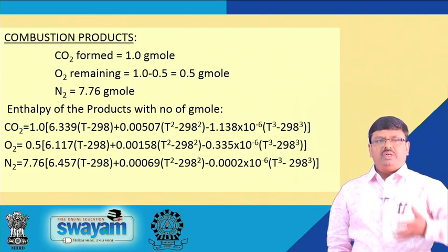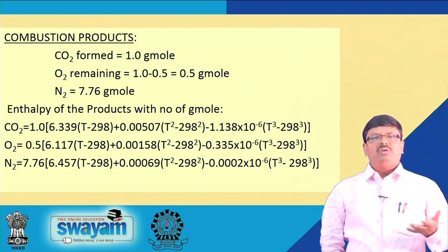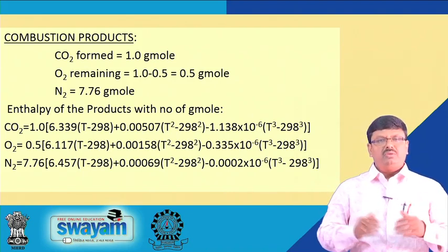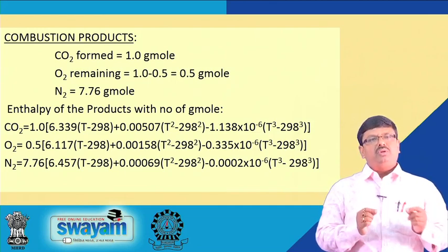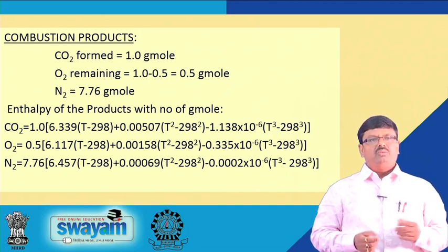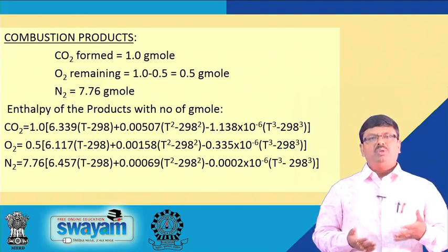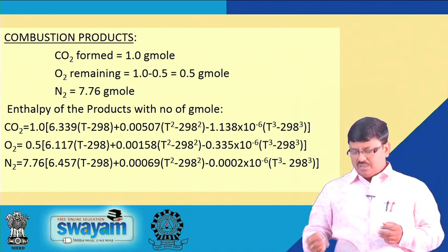Combustion product. So, what we are getting from these chemical reactions, where carbon dioxide is one of the products and oxygen, the excess oxygen how much it is, that will remain present also in the product streams, and nitrogen since it is inert, so it will also be present in the product stream. So, this 7.76 gram mole, the intact amount will remain present since it is an inert gas. Now, enthalpy of these products as you have already considered.